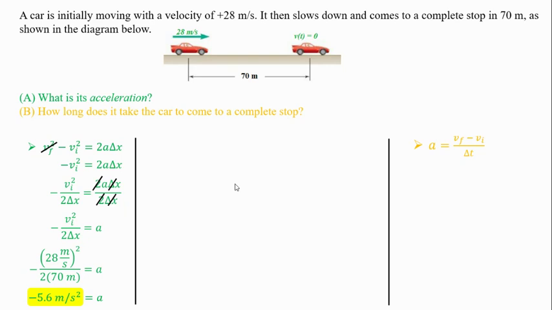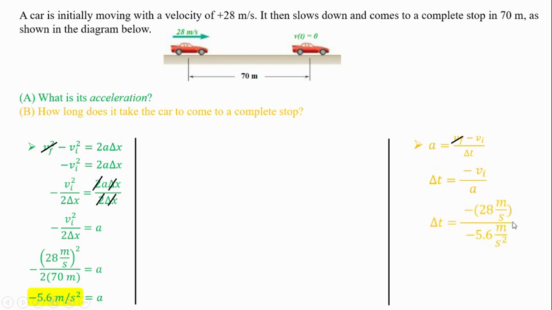To find delta t, I notice again delta t here is in the denominator on the right side. I have an a on the left side. To find delta t, I need to cross multiply both sides by delta t and then divide both sides by a. So that's going to leave me with this function. I went ahead and crossed out vf again because it's 0. I carry down the negative sign. So here we have delta t is equal to negative vi over a.